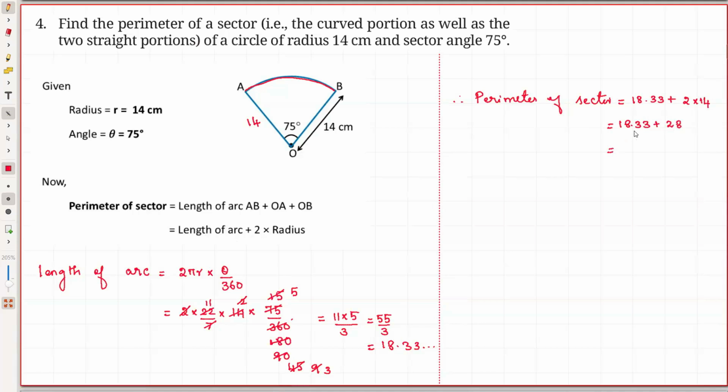Just add everything: 18.33 plus 28, so you'll be getting 46.33 centimeter. Now this is the answer, the perimeter of the sector.